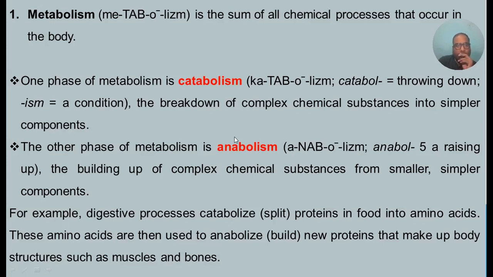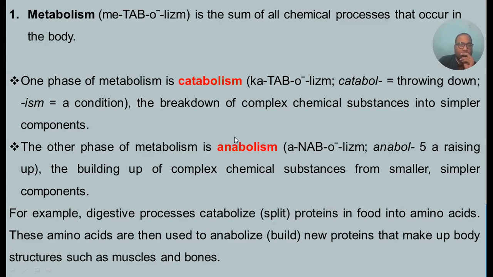Muscles and bones are made up of the chemical level of organization you have studied in my previous lecture. Muscles, bones, all are made up of structural protein.